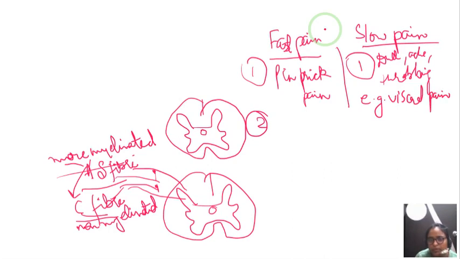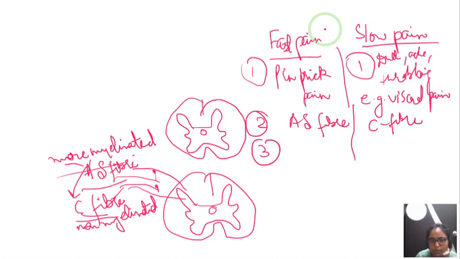Visceral pain means pain which you are getting from the deep or inside, from your organs. Fast pain is carried by your A delta fibers, and slow pain is carried by your C fibers. A delta fibers are more myelinated than C fibers, and your C fibers are unmyelinated.